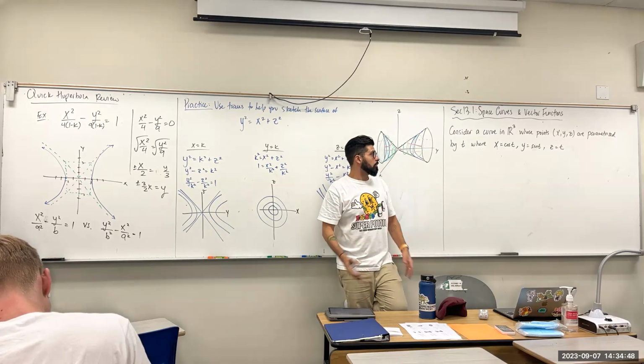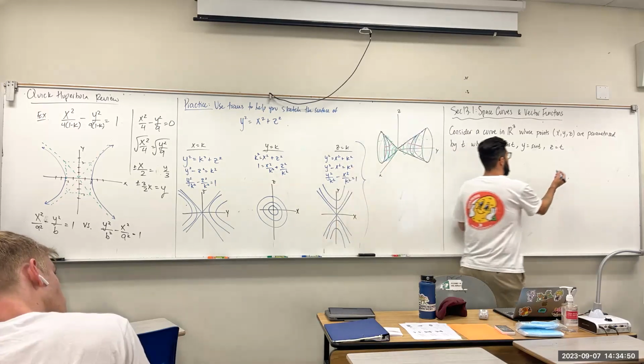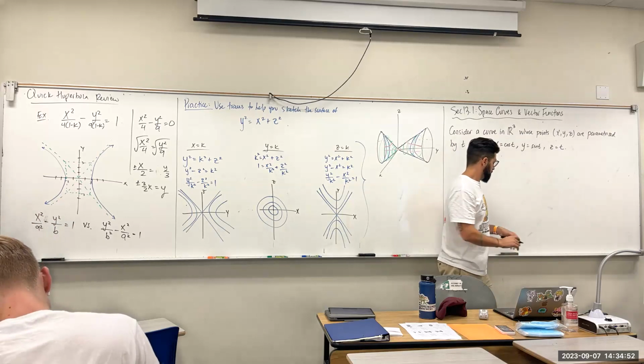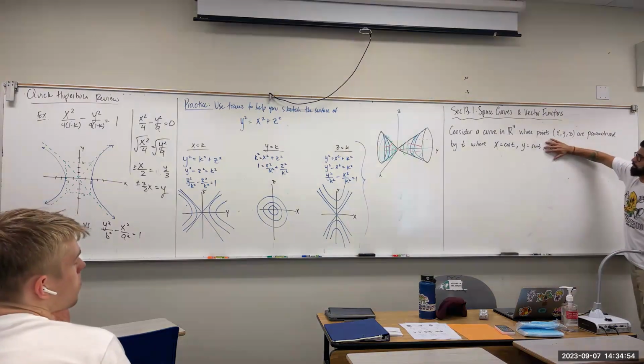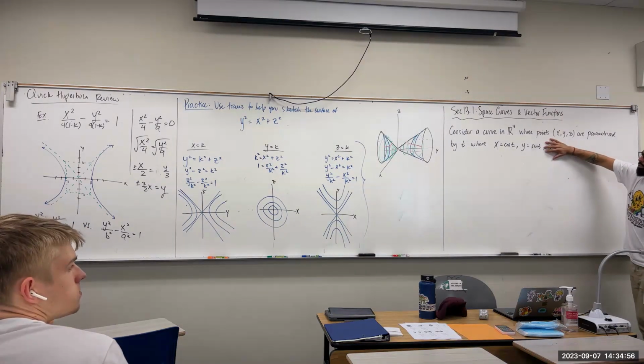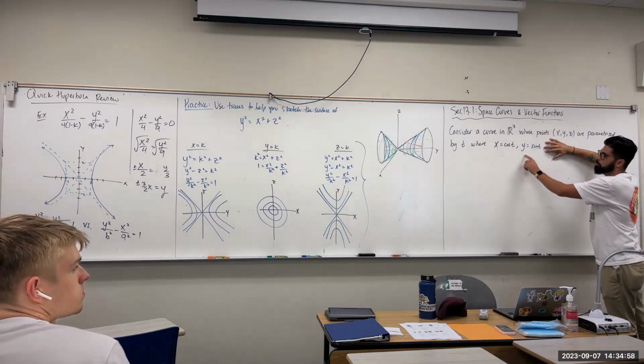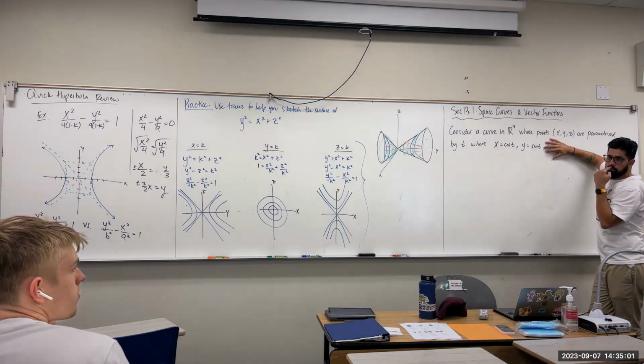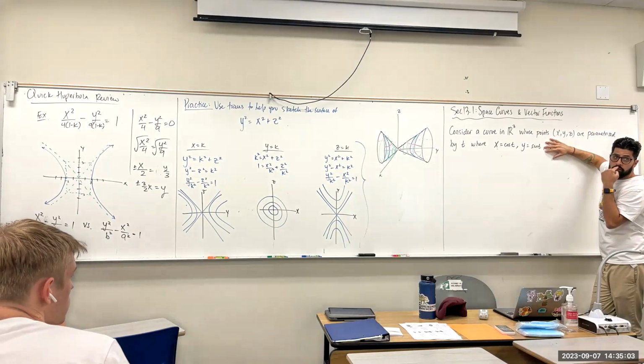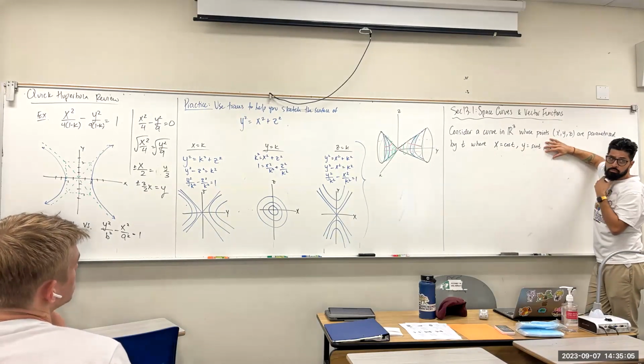You go back to your wonderful moments of Calc 2. It was good times. Z didn't exist in Calc 2. So in the XY plane, you guys remember what this was parameterizing? It was parameterizing a circle, and you're thinking of t as the angle.